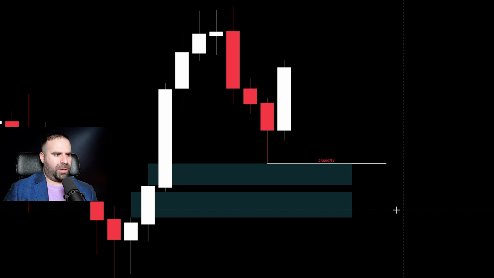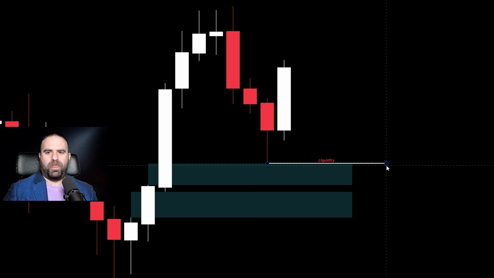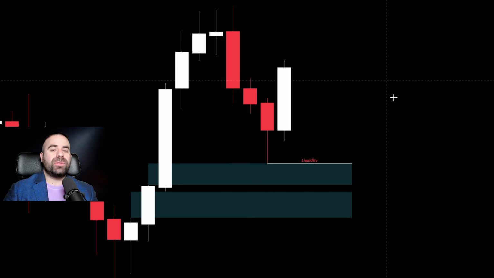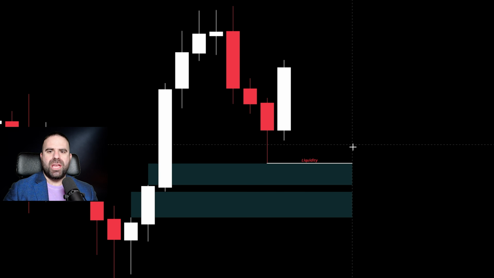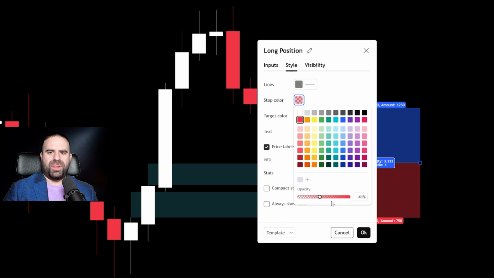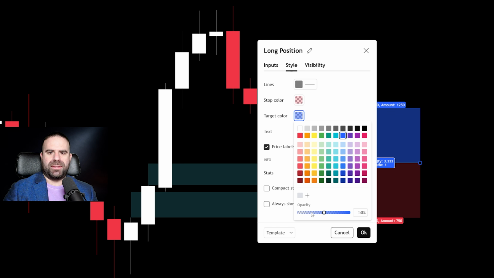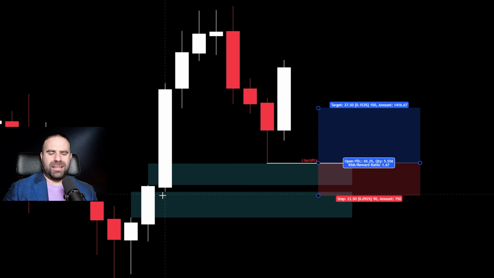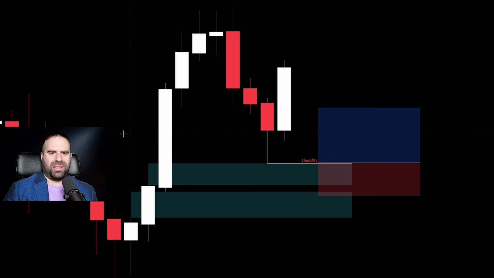What you are gonna be doing in this situation, you are gonna be placing two pending orders from both fair value gaps. Since liquidity has been created and you were patient enough to wait for the liquidity to be created, you will take a buy limit order from this first area right here with a stop loss right below this candlestick, the candlestick number 2 out of the 3 that created the FVG.